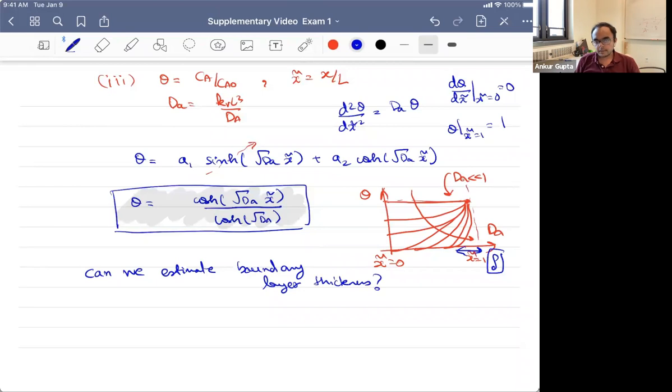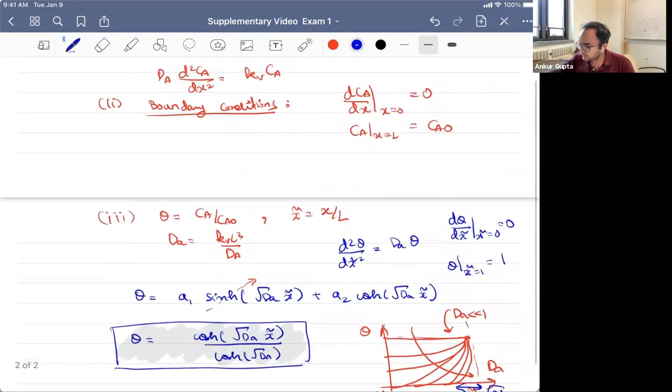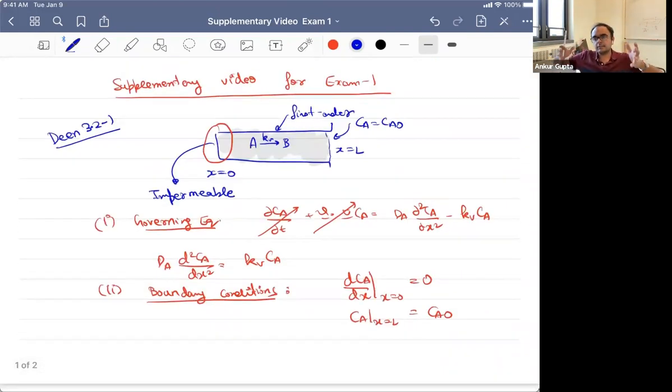And what I've seen sometimes is that students say, well, why are we even thinking of a boundary layer? Isn't the length L, which is the full scale, a natural scale for the length of the concentration gradient? So our boundary layer thickness is simply the length L. And that is what I want to basically stress about.